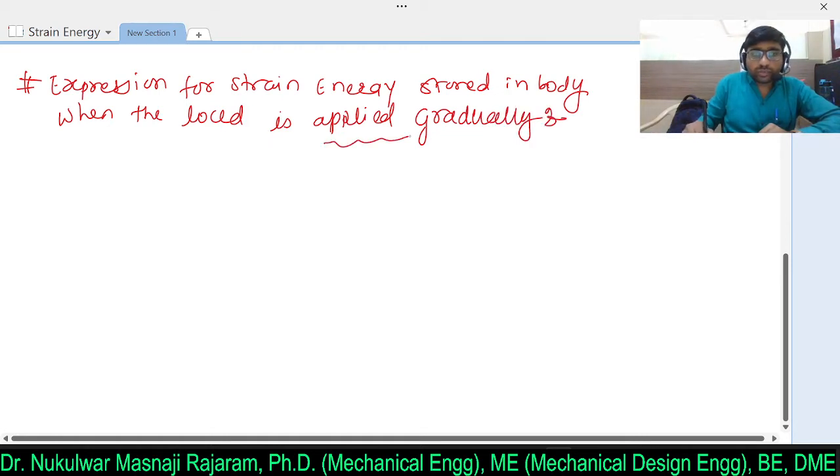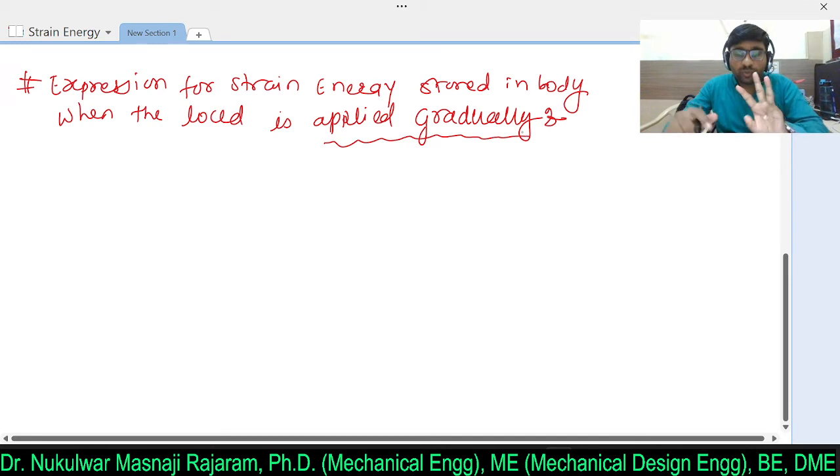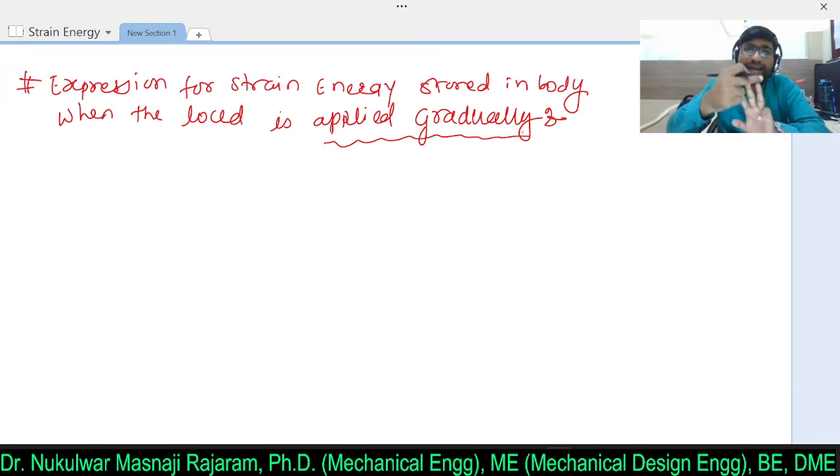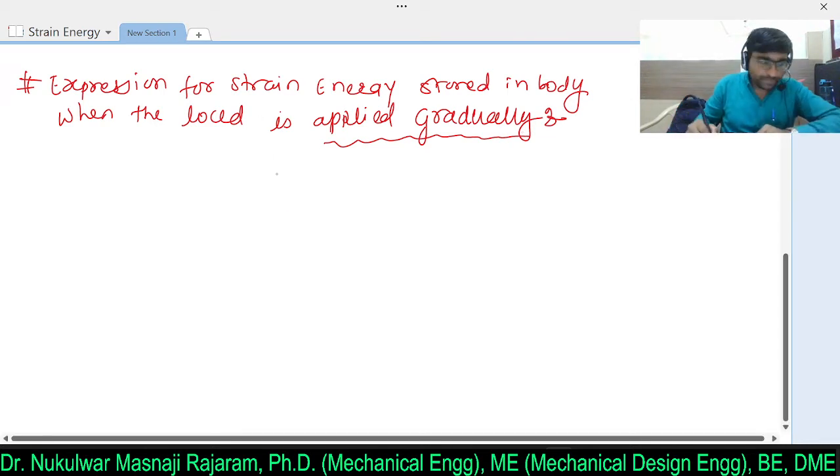Clear? So there are three different types of load we are going to see here: gradually applied load, suddenly applied load, and impact load. First we will see the gradually applied load. If you want to observe the diagram, I can draw it like this.